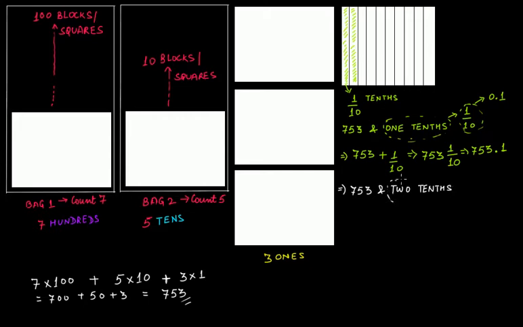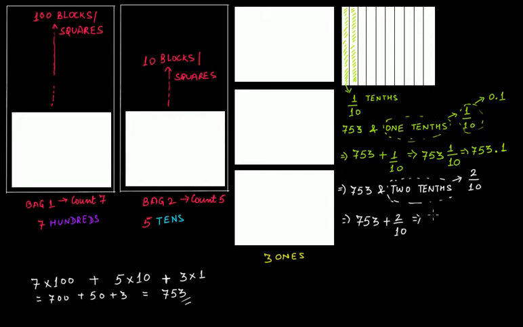And what do 2 tenths represent? What fraction will these two equal parts be out of these 10 equal parts? This will be 2, since we are talking about 2 equal parts out of 10. Basic fraction concept. So this will be 753 plus 2 over 10.